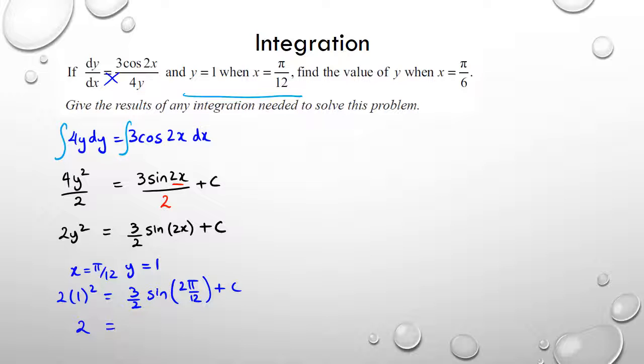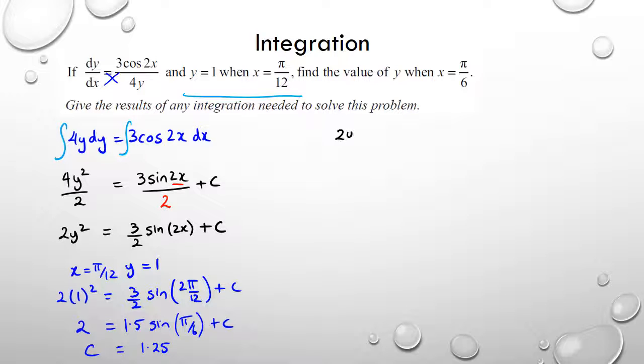So what I end up getting is 2 equals 1.5 sine pi over 6 plus c. Now, when I simplify this, I'm going to end up with c is equal to 1.25.